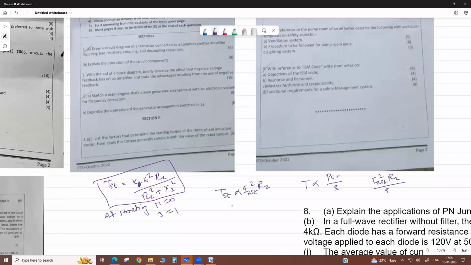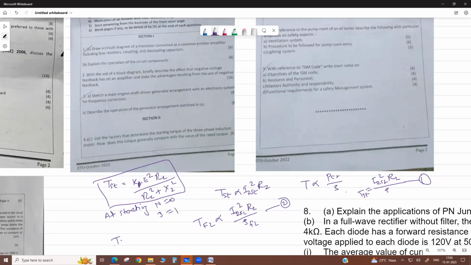Okay. Then you have to compare with full load torque. It is proportional to your full load current, I2 full load square, by R2 by S. Now R2 cancels, with full load slip. Then you have to divide this equation by equation 1. This is the TST, this is the full load torque.